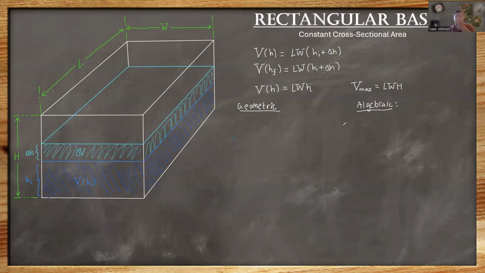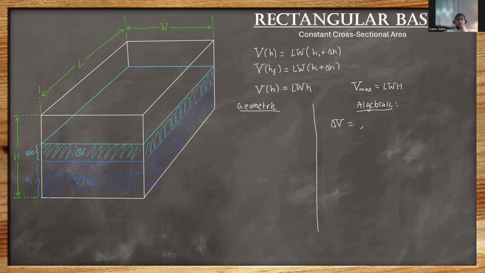All right. So how would we calculate the algebraic change in volume? The algebraic change in volume would be delta V. So this is actually a function now, right?